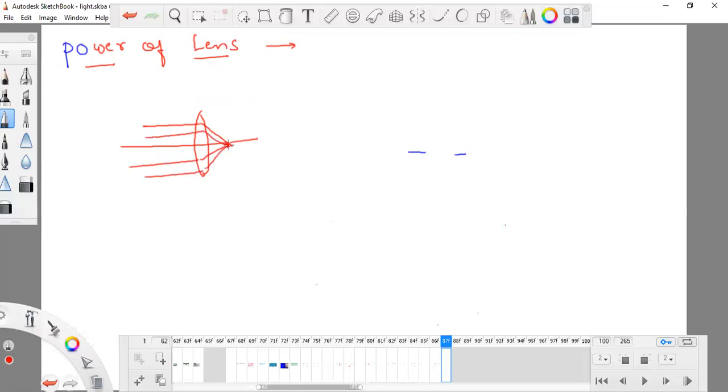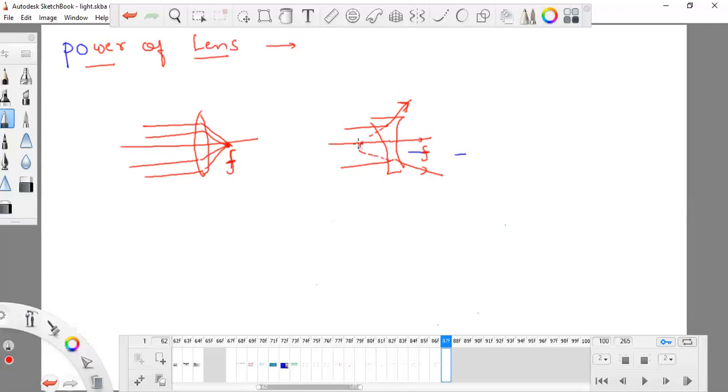It is trying to converge all of the light rays at a particular focus. This is converging. And what is diverging? It is trying to make the light rays go away. Definitely it will meet somewhere here, because it is following the rule.